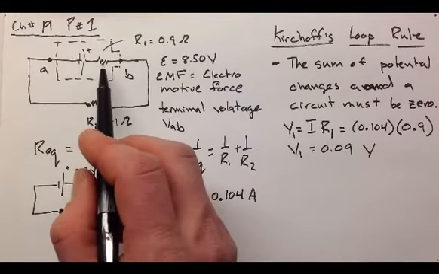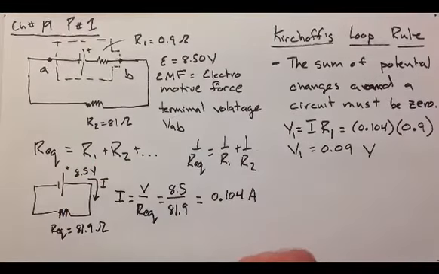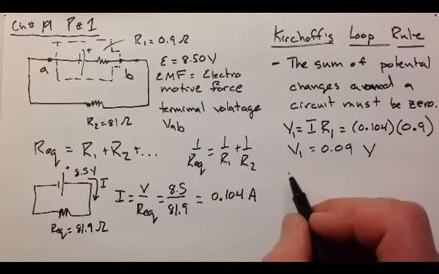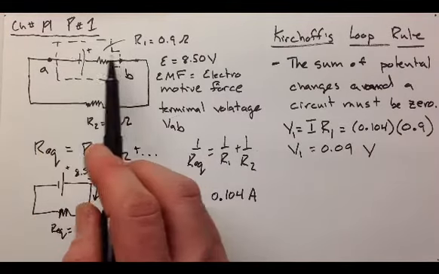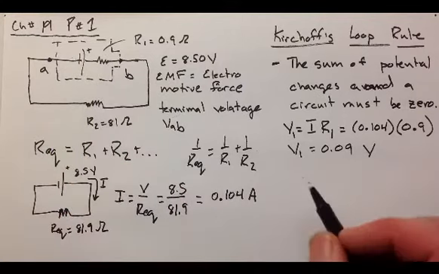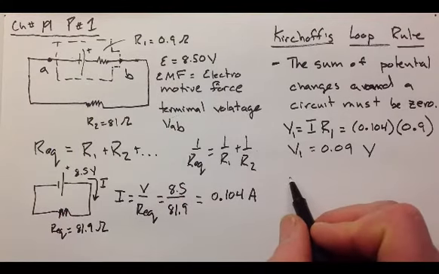All right. Well, if this battery has a voltage of 8.5 volts in a perfect world, and I'm losing a little bit of voltage as I go through this internal resistor in the battery, what would be the terminal voltage? Or if I put a voltmeter across the terminals of the battery, what would that be?